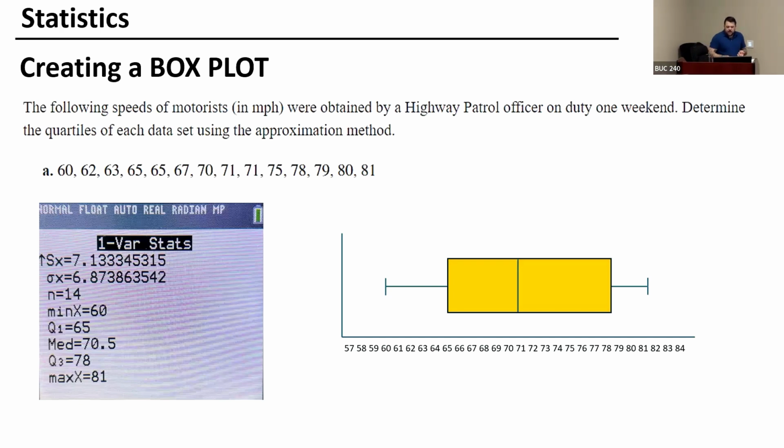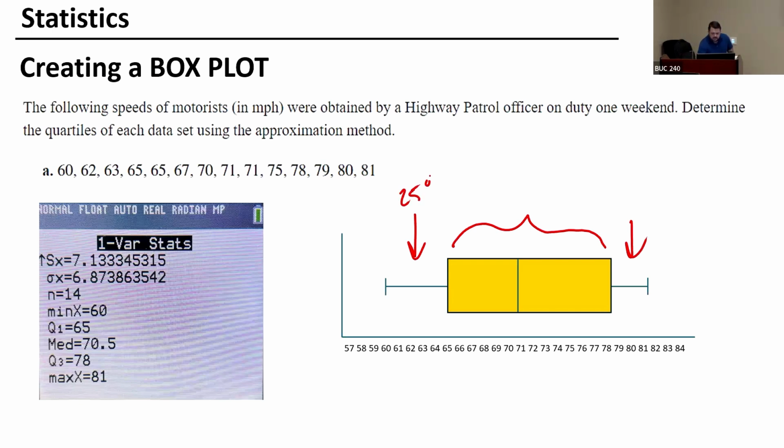But notice if you had to fill in all this information, how much of my information sits between my minimum and my Q1? How much of my data should be right here? Exactly, 25%. That's why it's called a percentile. It's quarters. How much of my data sits inside here? Exactly, and then right here.